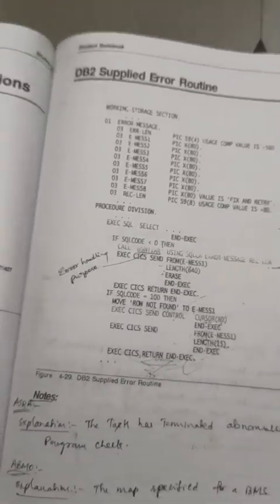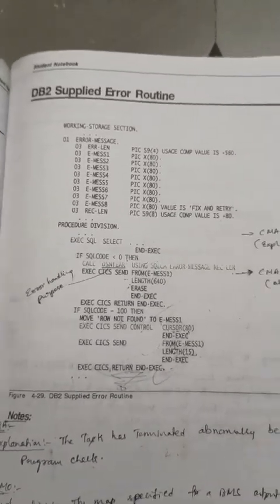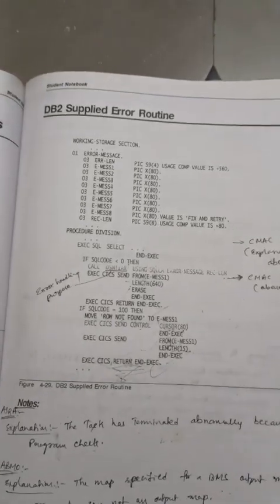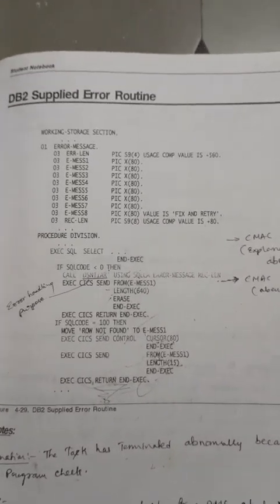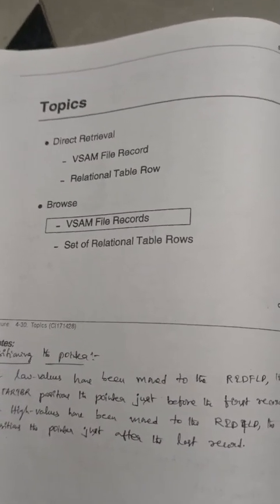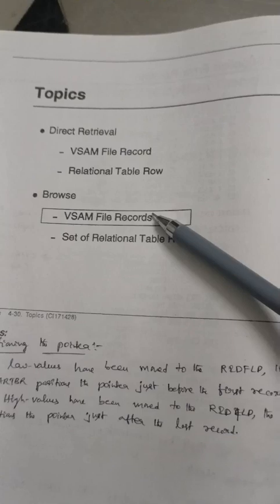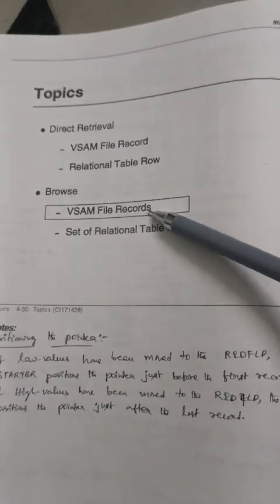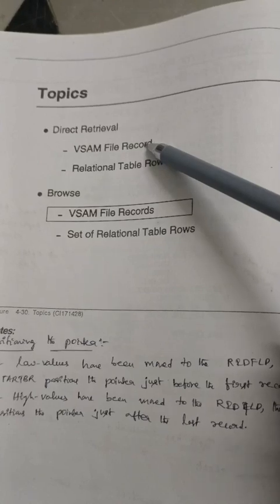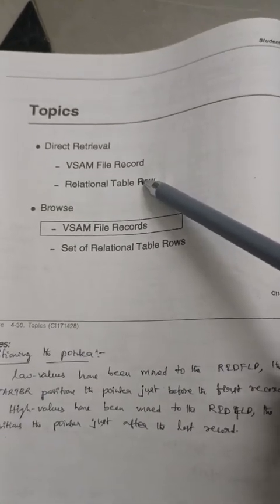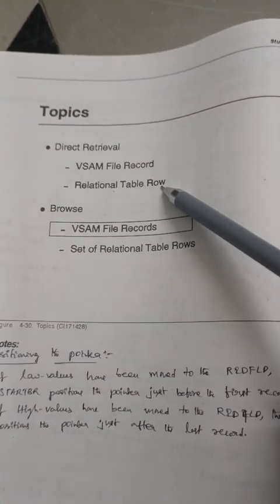That's all, friend, on how to do direct retrieval of a DB2 row using an SQL statement. In the next session we will see how to retrieve the data using the browsing option. Till now we have covered direct retrieval of a VSAM file in the previous video, and in today's video we covered a relational table view.